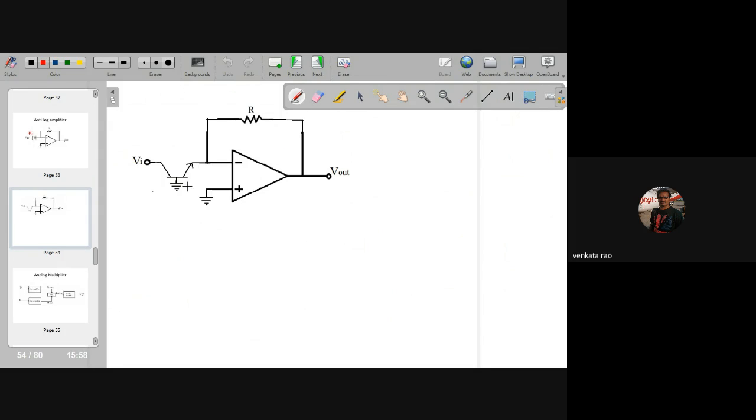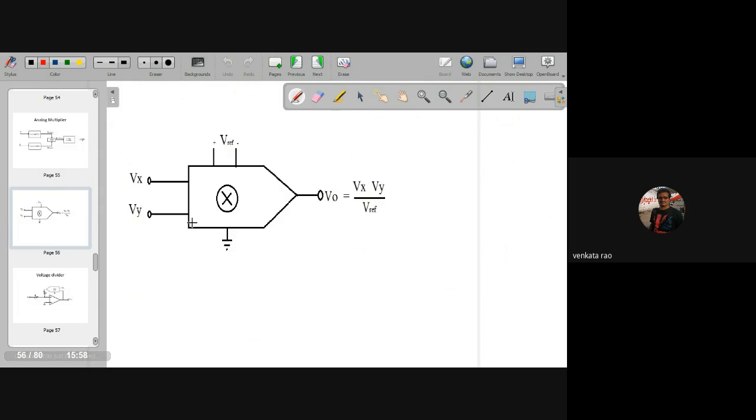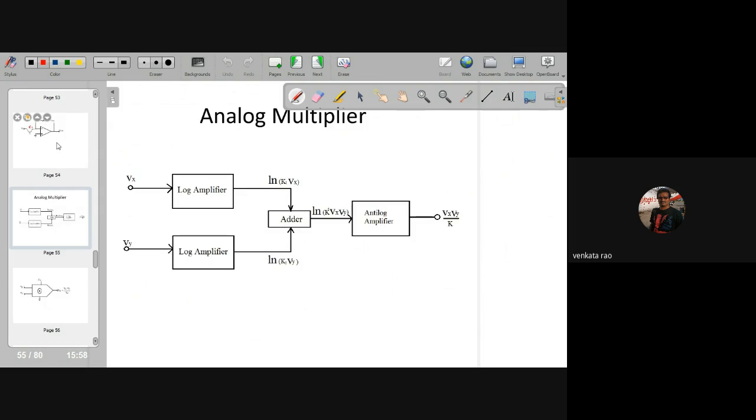In place of R1, I replace the transistor. Okay, so next one is log amplifiers, anti-log amplifier. This is analog multiplier. So if you want to do the multiplication, division, square root of the signal, to do all those things, we use this.